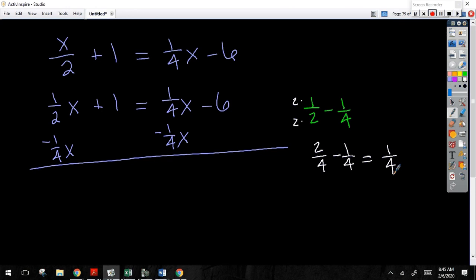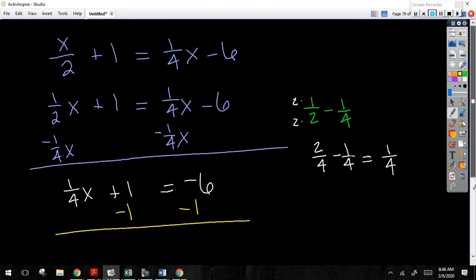All right, so on the left, guys, keep your attention this way. On the left, I have 1/4 x plus 1. What does it equal? -6. Can you solve this now? Subtract 1.